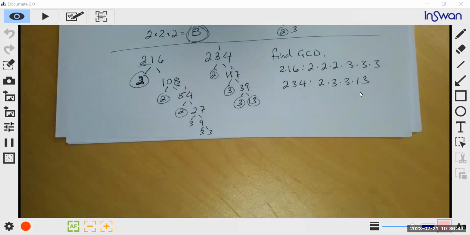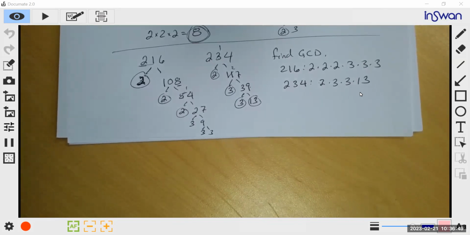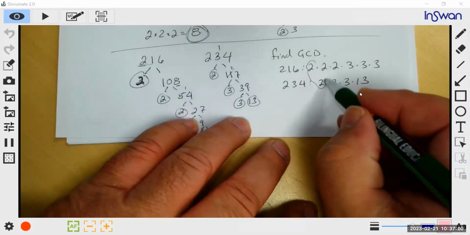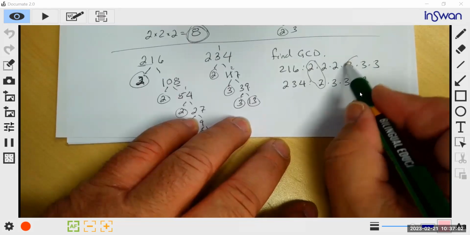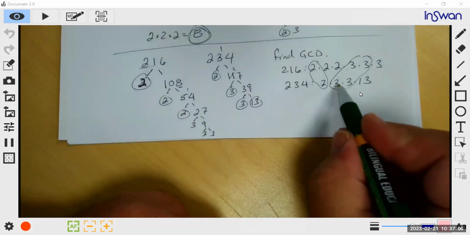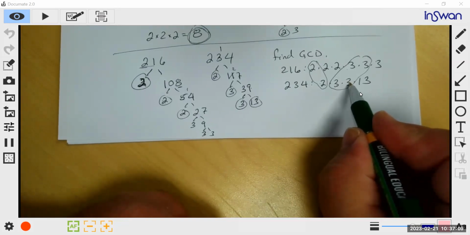So what's the answer to this one? What's the greatest common divisor? What do they have in common? They have a 2, and they have 2 3s. So 3 times 3 times 2.